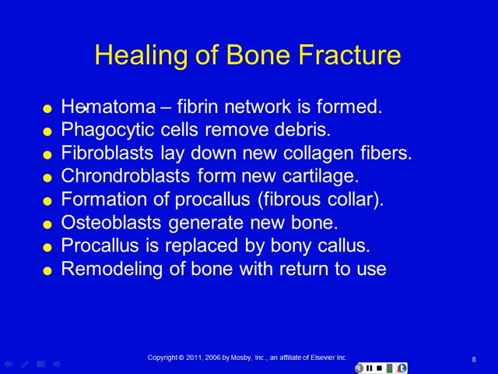All right. Let's see. So the pathway for healing, first you have a hematoma. A hematoma is just an area where bleeding has occurred into a confined space. So typically what we see in a fracture, if this is the bone here and our fracture is across here, the first thing that develops is a hematoma that looks a little bit like this, only it wraps all the way around.